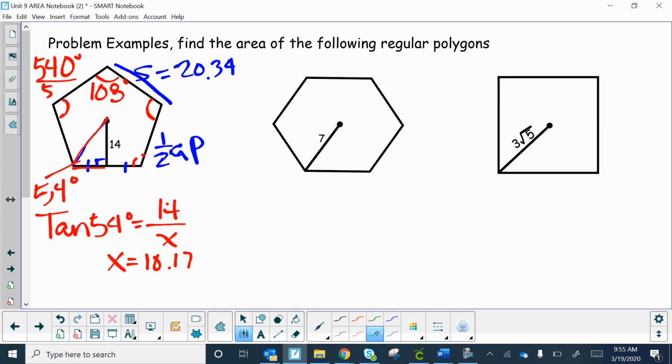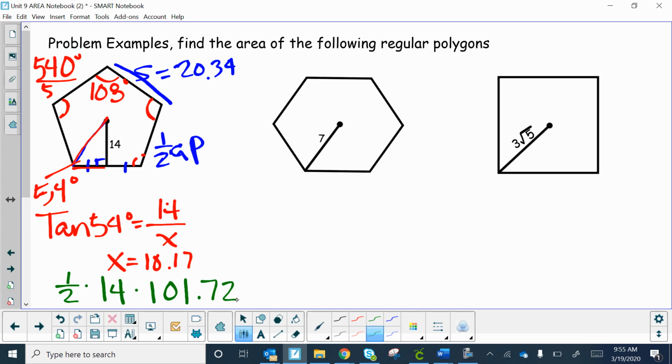So here's what I'm going to enter in my calculator: 1/2 times 14, which is the apothem, times 101.72. Since I still have that long number in my calculator, I'm going to go ahead and times it by 7 because half of 14 is 7, and that's going to be my final answer.